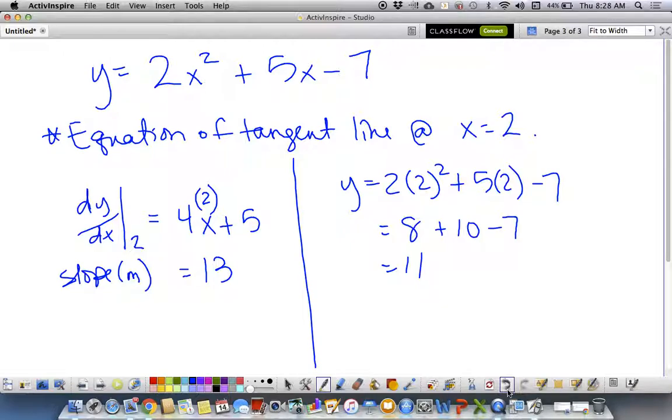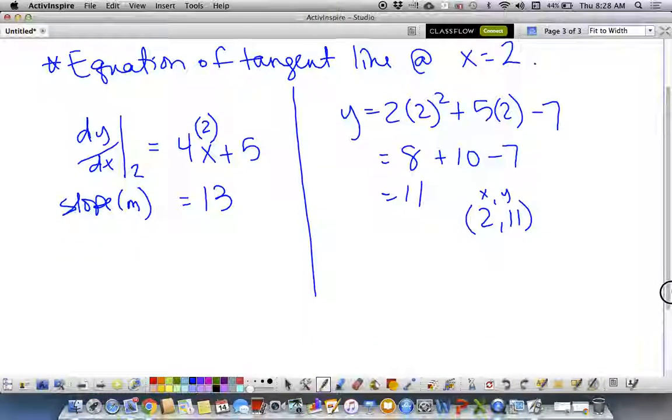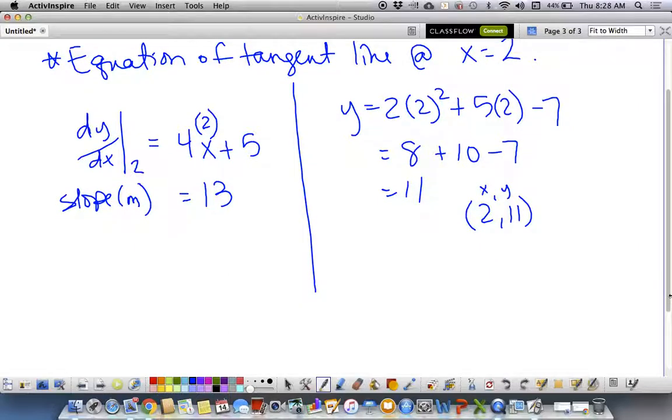How do you find b again? I know it's y equals mx plus b, so I have a point now. It's (2, 7). That's my x, that's my y. If you need, do y equals mx plus b. You substitute for the x and the y, and you only are missing the b. 7 equals 13 times 2 plus b.